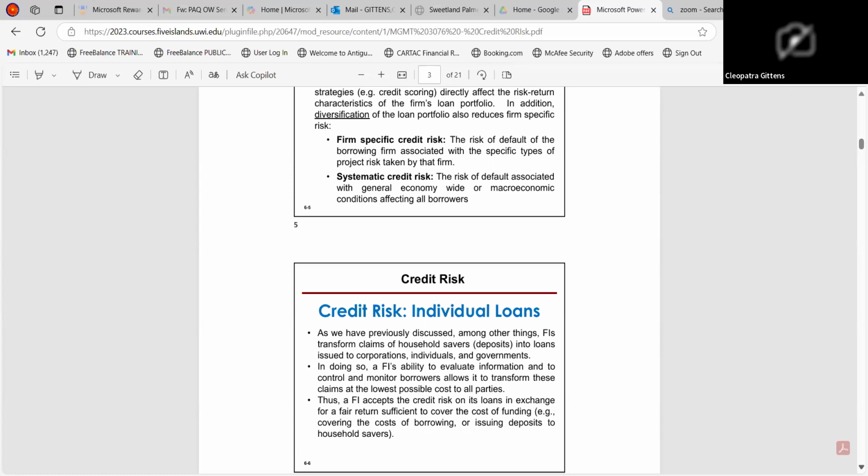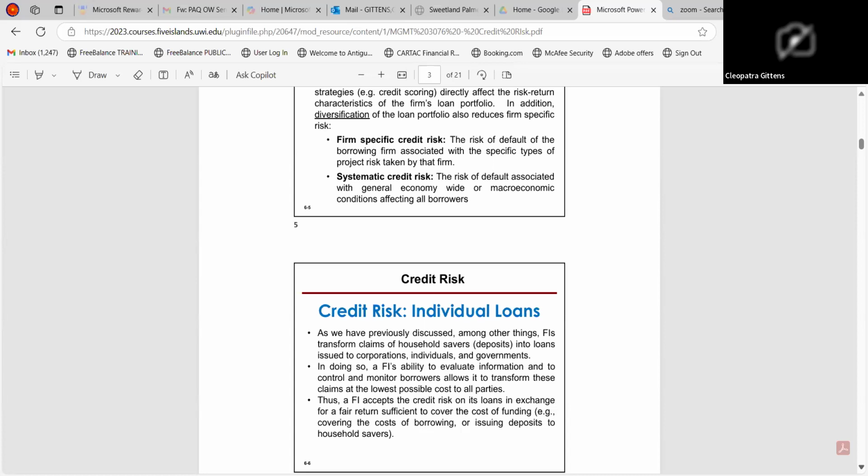Now, it does that assessment, and based on the results of that assessment, the financial institution is going to determine, okay, this person or this institution poses a little bit more risk to me than another.